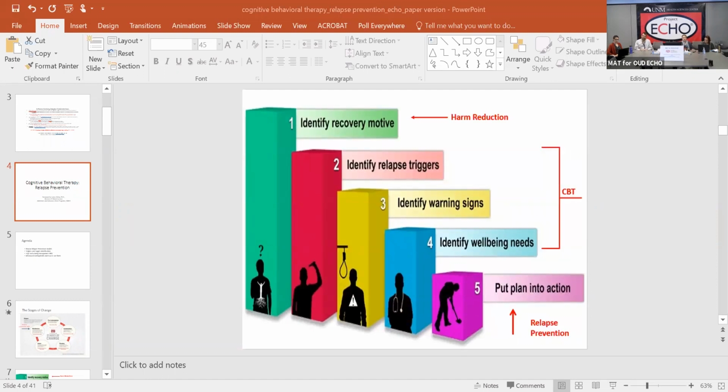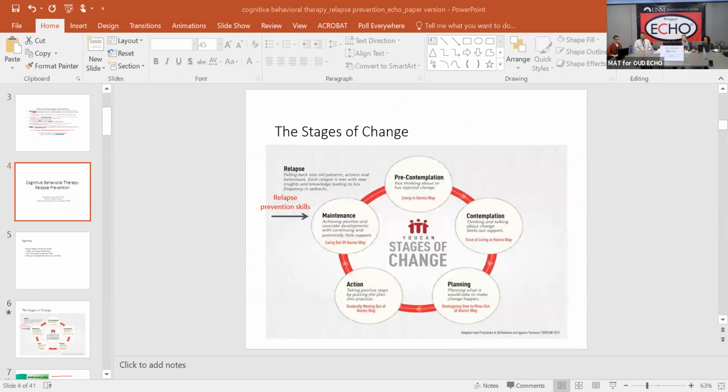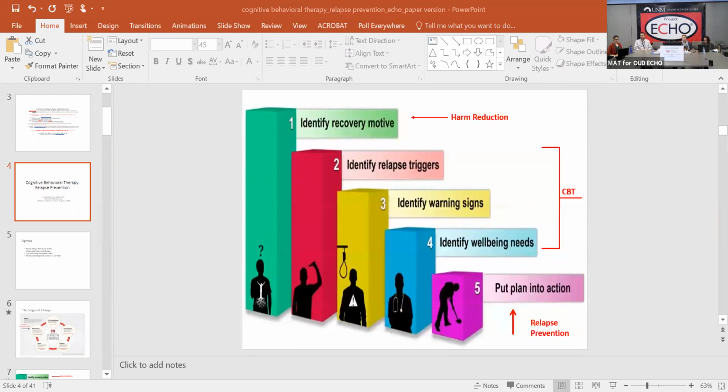If we look at a different model that overlaps with the stages of change, when we identify somebody wants to stop using, that's when we're going to implement some harm reduction. Basically, how can they be as healthy as they can be today, and what are they willing to do to move in that direction? That's where we might also be using some of our motivational interviewing skills.